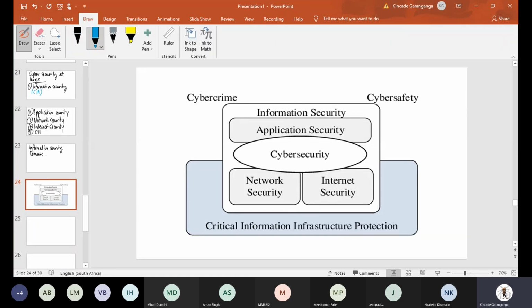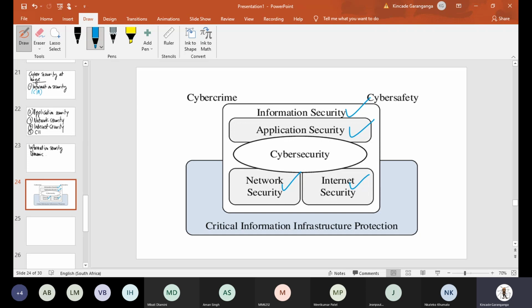Remember, earlier on, we were discussing the concept of information security, application security, and obviously your network and internet security. So it falls within the whole concept of cyber crime, cyber safety, cyber security, and then your critical information infrastructure that we were mentioning earlier now works within those confines.